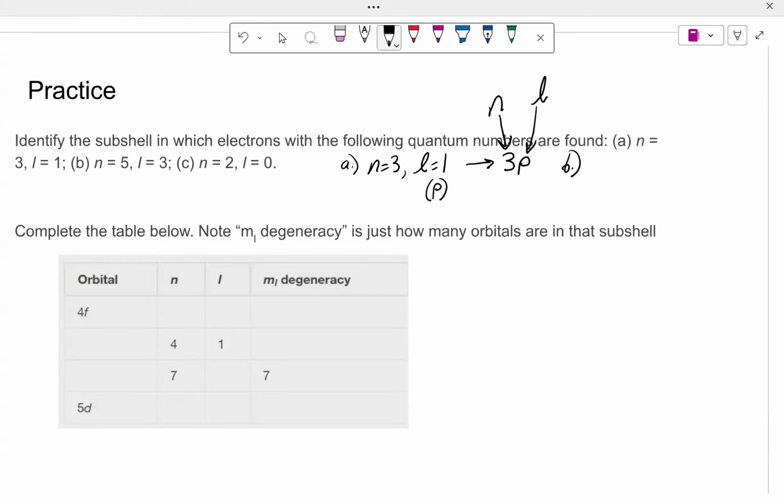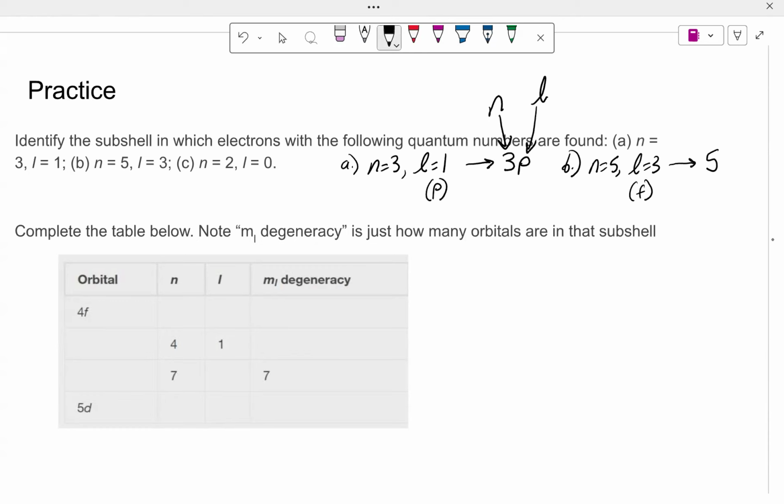Now for B, n equals 5, L equals 3. If L is 3, what letter does that correspond to? That's the F subshell. So the specific subshell that this is located in is 5F.